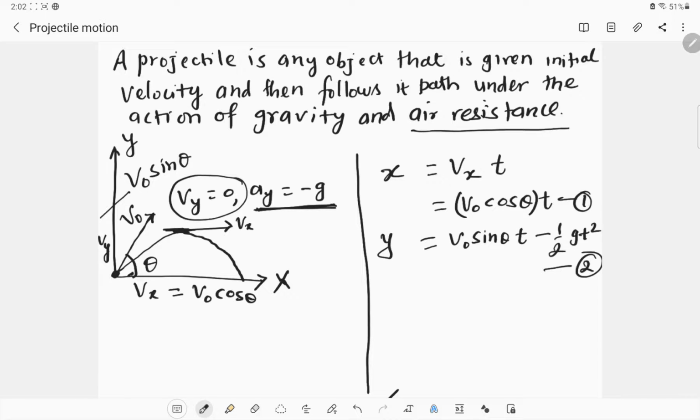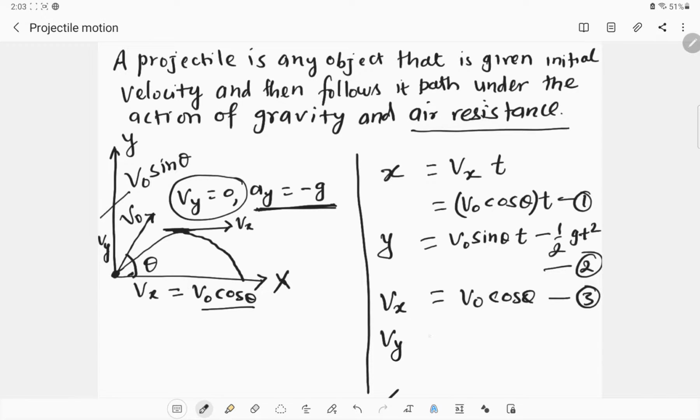Now let's find the x velocity and y velocity. The x velocity is denoted by vx, and as I said, it will remain constant, which is just the x component, v naught cos theta. This is equation 3.